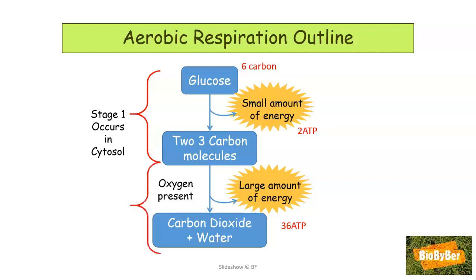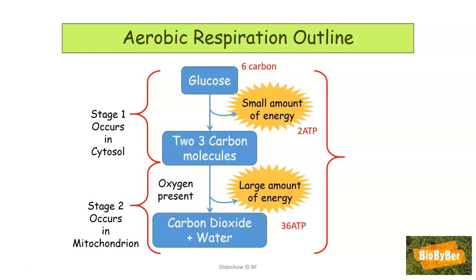This stage is called a stage 2 process and occurs in the mitochondrion of the cell. So as we can see clearly here, aerobic respiration is a two-stage process.